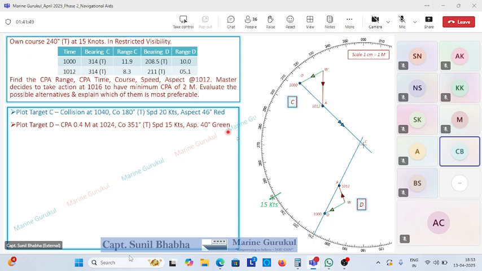Now as per Rule 19, any of the three ships is free to take any action to avoid a close quarters situation. However, we can observe here that each ship has the other two ships forward of her beam. You can consider target Charlie. Both the other ships, own ship as well as target Delta, are forward of her beam.